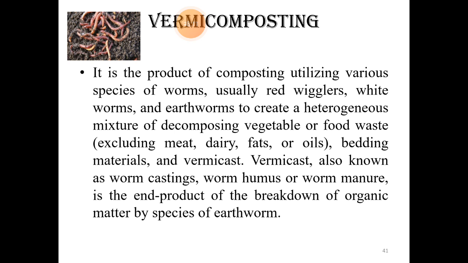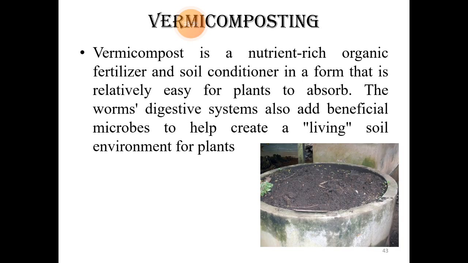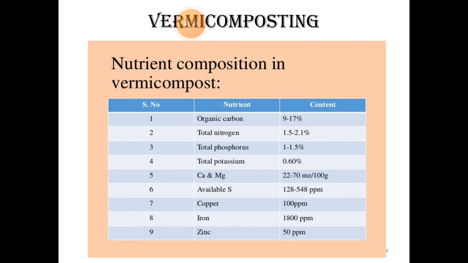For vermicomposting, earthworm species of Eisenia or Dendrobaena are widely used because of their voracious feeding habits. The vermicompost is a nutrient-rich organic fertilizer that can be easily absorbed by the plants as it has beneficial microbes in it.